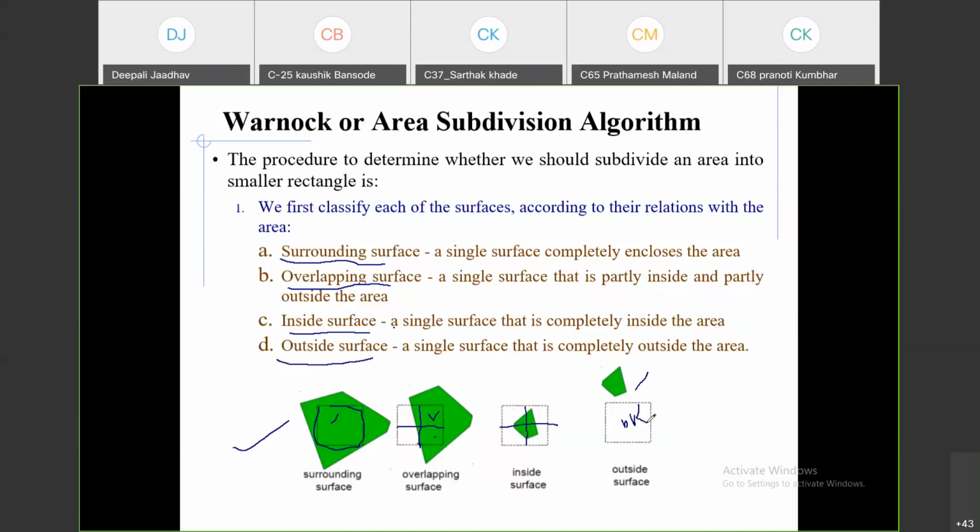It is not necessary to divide it into parts. So according to this classification, we will decide whether to divide that area into sub parts. In this case it is not required to divide into sub areas, but in these cases it is required to divide the area into sub parts.